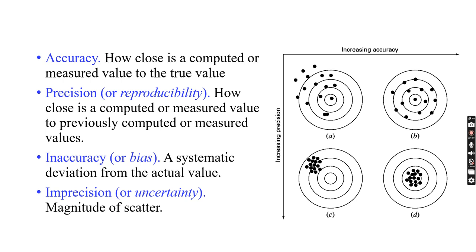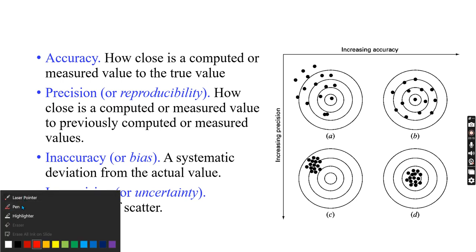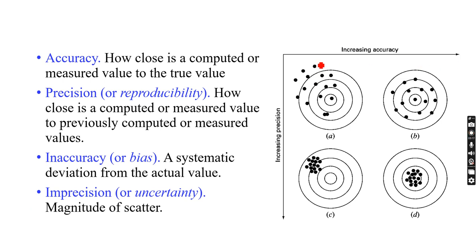These values are not close to one another. Each of the values is at a different position. So the result is not very precise, and at the same time the true value is at the center of this circle. Each of these values is not close to the true value, so the result is not accurate either.